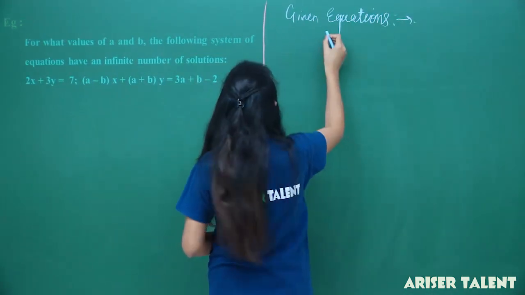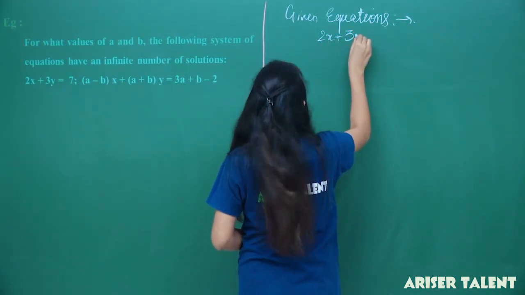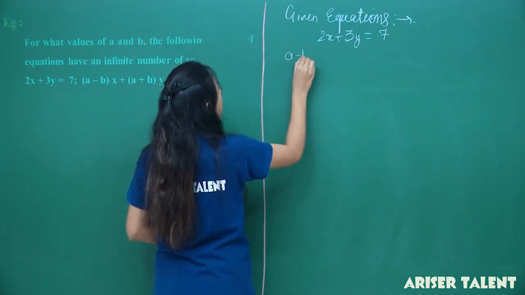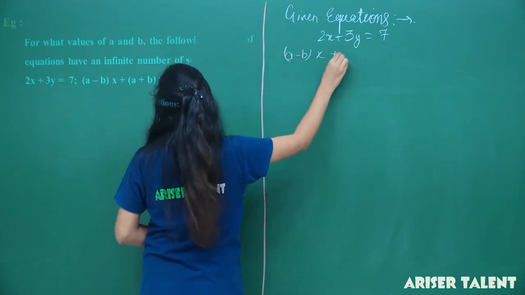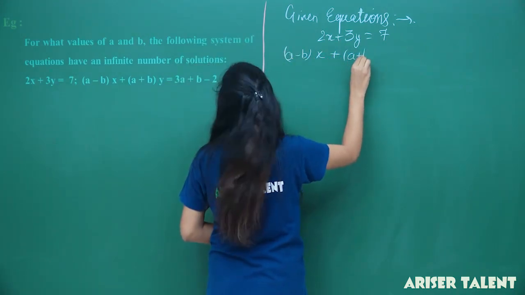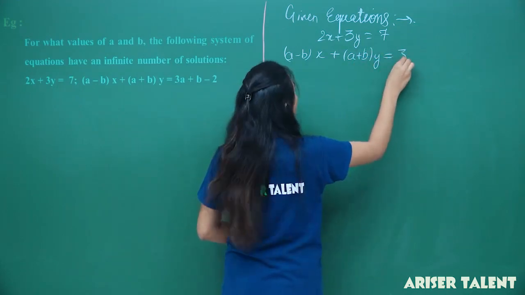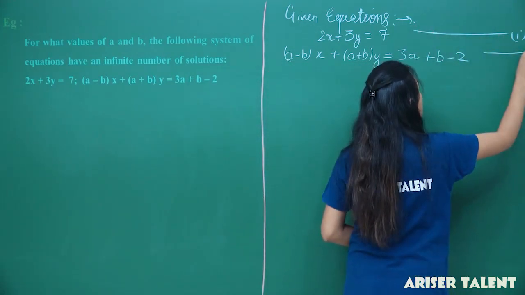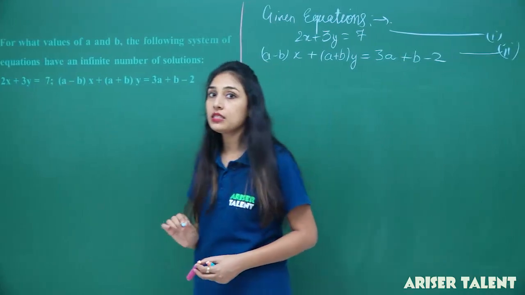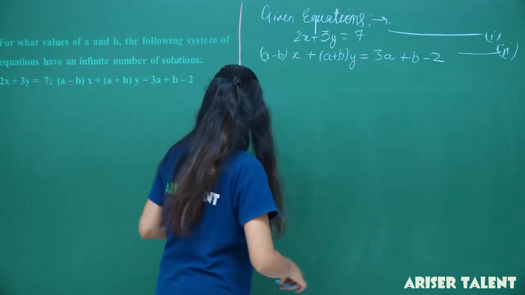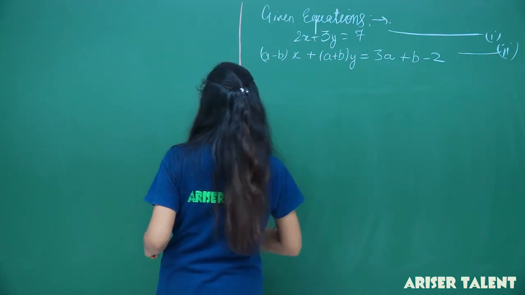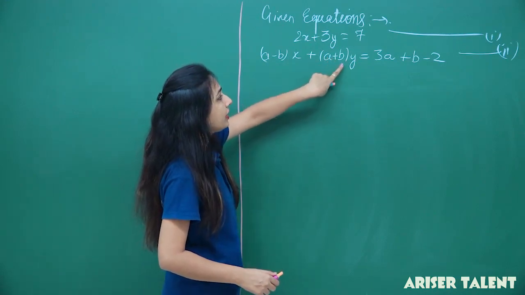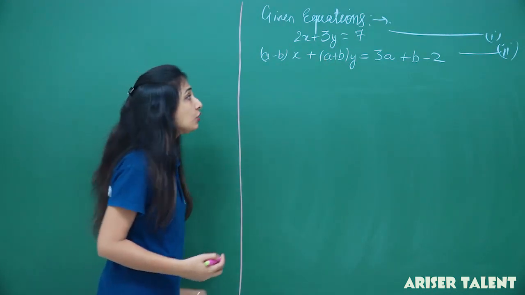The given equations are 2x plus 3y equals 7 and (a minus b)x plus (a plus b)y equals 3a plus b minus 2. This is the first equation, students, and this is the second equation. Now these two are basically the given equations. Forget the question for now. I have these two equations, and I have to find the values of a and b. Now what will I do?